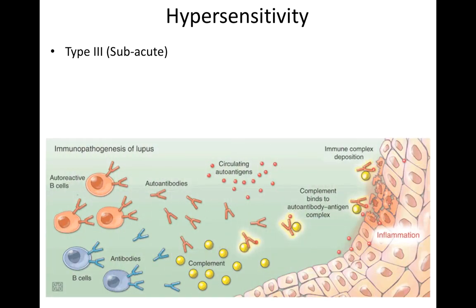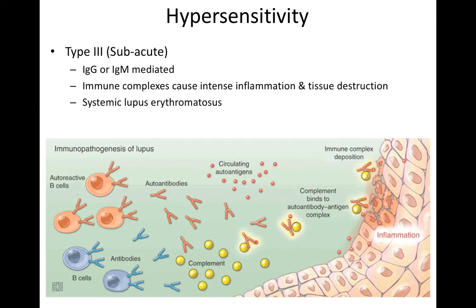Type 3 is going to be, again, IgG or IgM mediated, but now it's going to be related to the deposition of immune complexes that drive inflammation and the destruction of tissues.